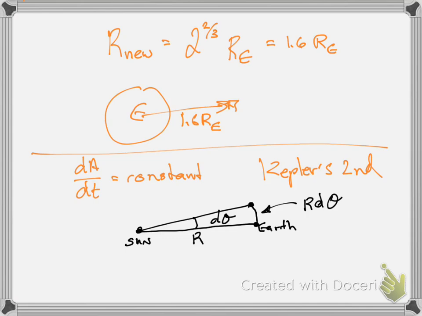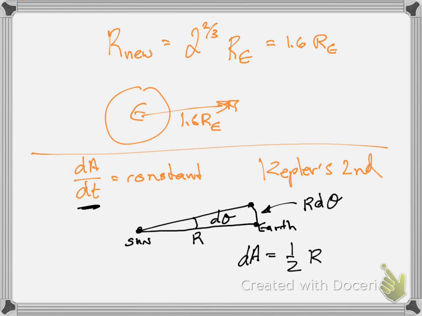And when we're doing infinitesimal things, dA/dt, then we can assume that they're so small that we can make these kinds of approximations.